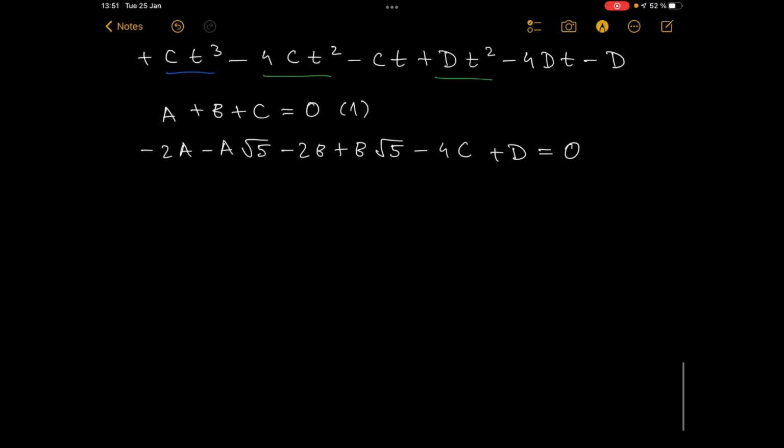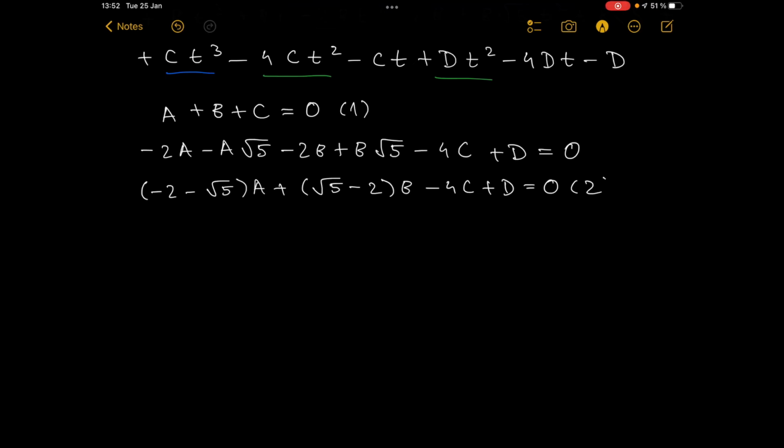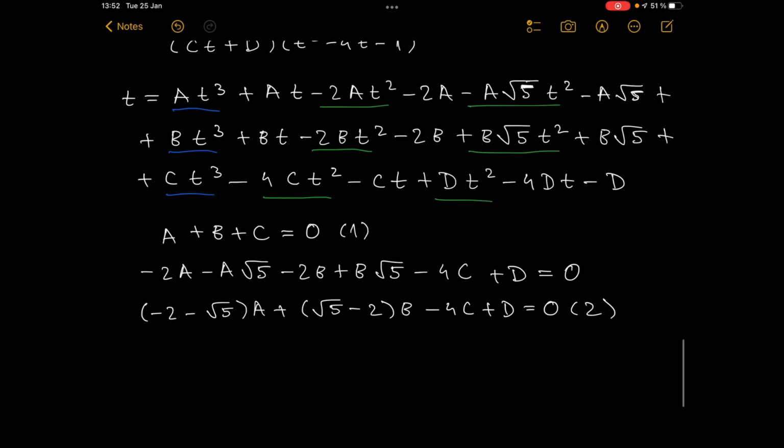Let me just rewrite this in a little bit of a better form. So minus 2 minus the square root of 5 times a plus the square root of 5 minus 2 times b minus 4c plus d is equal to 0. So we'll call this our second equation.